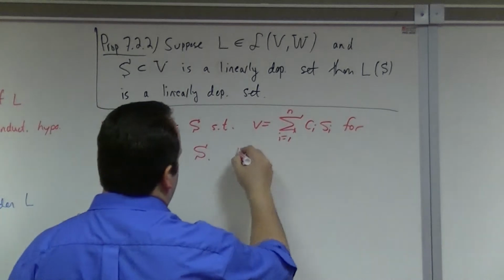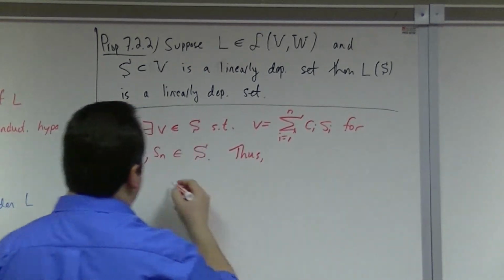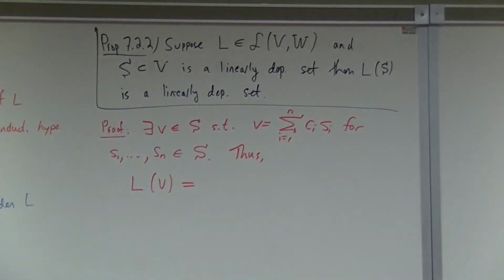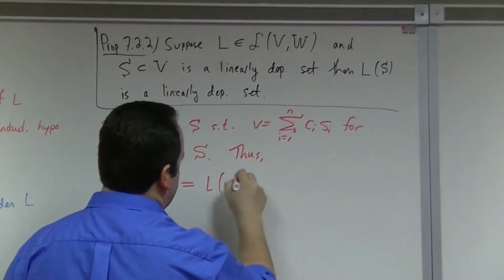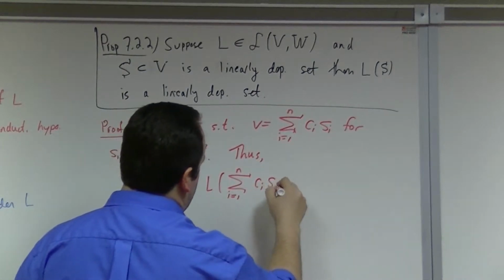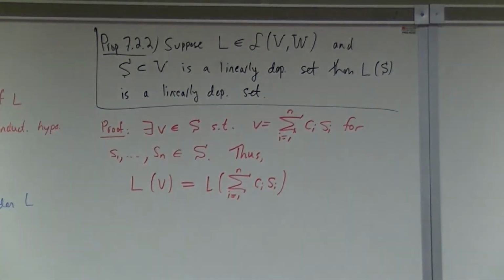So, thus, L of V is what? The summation. Right. But what did we just prove by Proposition 7.2.1 part 2?